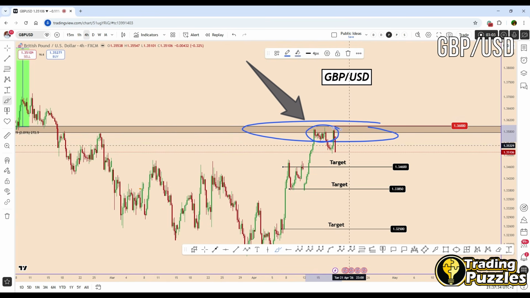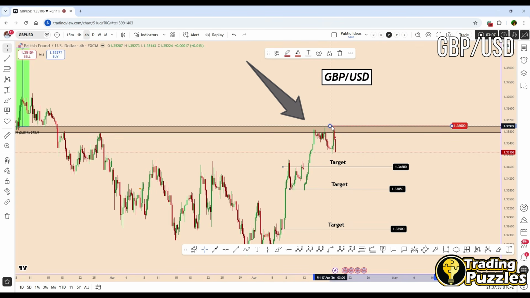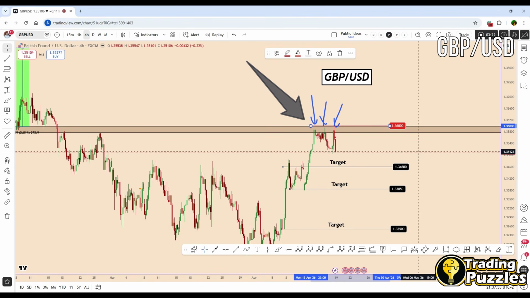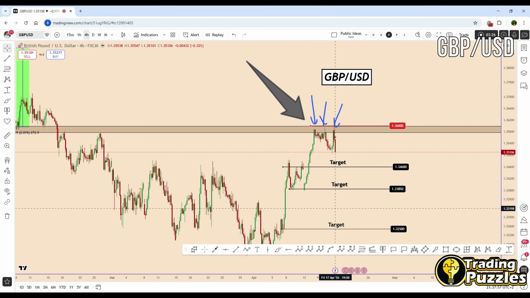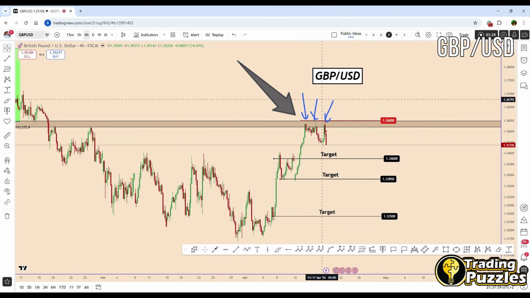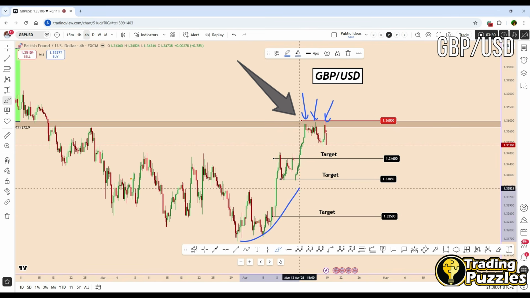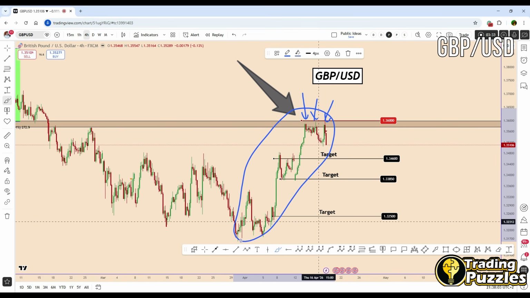So the fact that the price couldn't manage to break through this zone, and it couldn't manage to break through 1.36, is a clear signal that we have sellers that are well positioned. Also, 1.36 is a very strong psychological price, so the chances are that it can push the price down further.